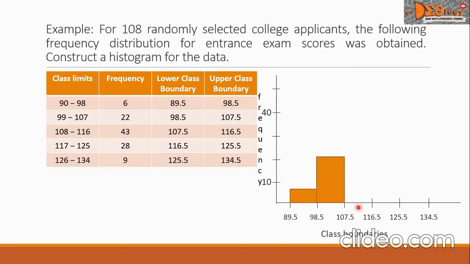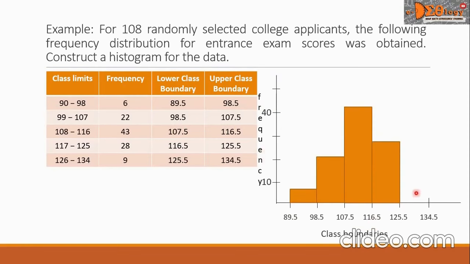And the rectangle for this class is given here with a height of 43 in the frequency. For the fourth class interval, we have class boundaries from 116.5 to 125.5. And the rectangle corresponding to this is given with a height that is equal to 28 in the frequency.